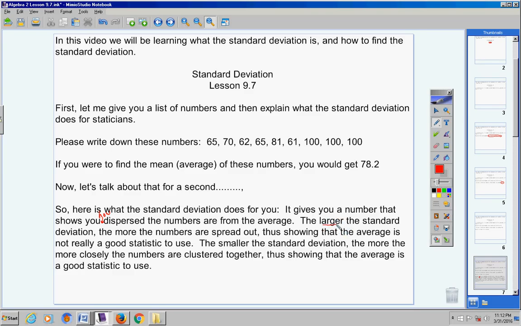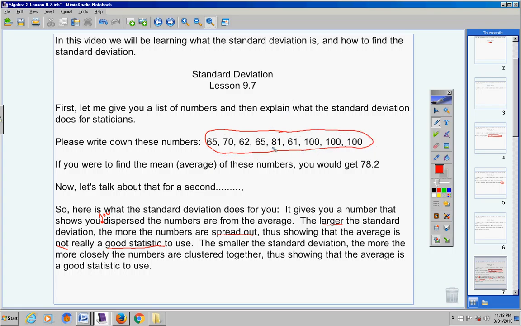The larger the standard deviation is, the more the numbers are spread out. Are you listening? Thus showing that the average is not really a good statistic to use. When you find the standard deviation of these numbers, and relax, I'm going to teach you how to do that. It's very easy.